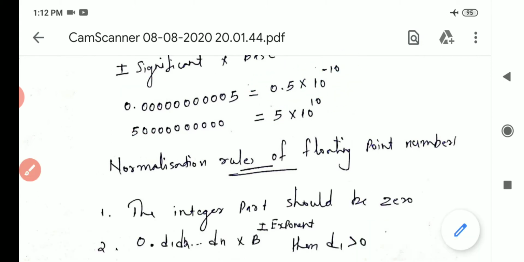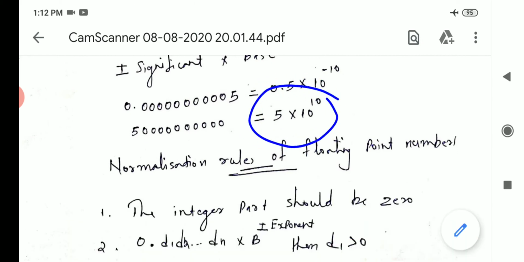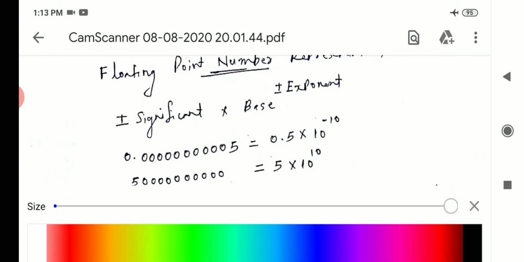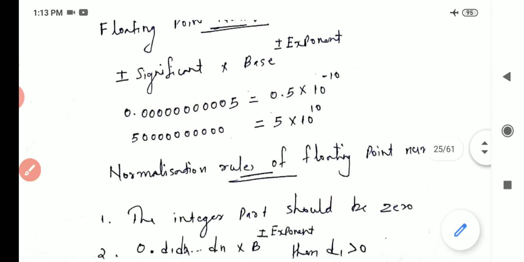In the same way, 5 followed by 10 zeros we write as 5 times 10 raised to 10. You studied this equation, plus or minus significand times base raised to plus or minus exponent, with these two examples.